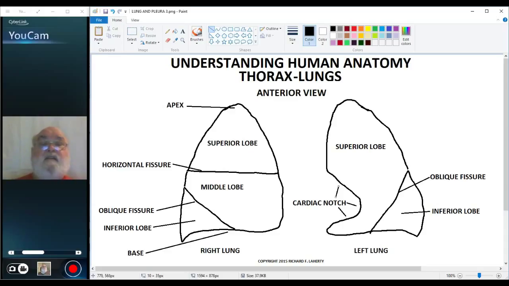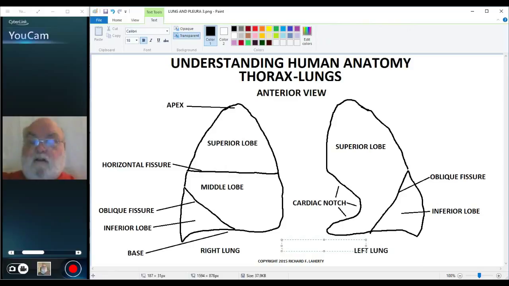And this tissue on the inferior side of the cardiac notch resembles a tongue. And so Latin for tongue is lingua.